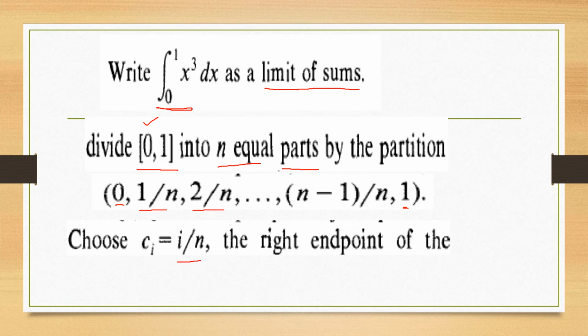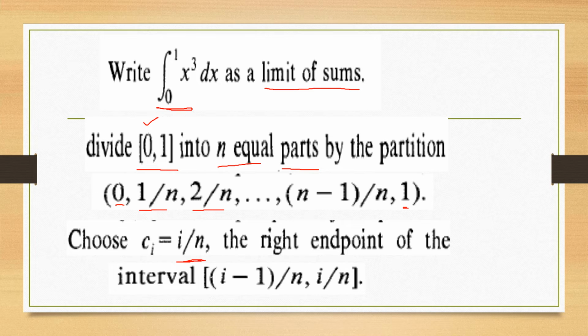Select Ci, which is i by n, the right endpoint of the interval [i minus 1 by n, i by n]. If we select the ith interval, then our Ci will be i by n, the right endpoint of the interval.